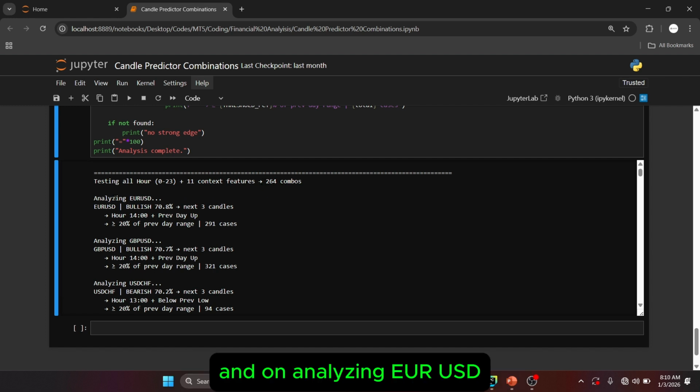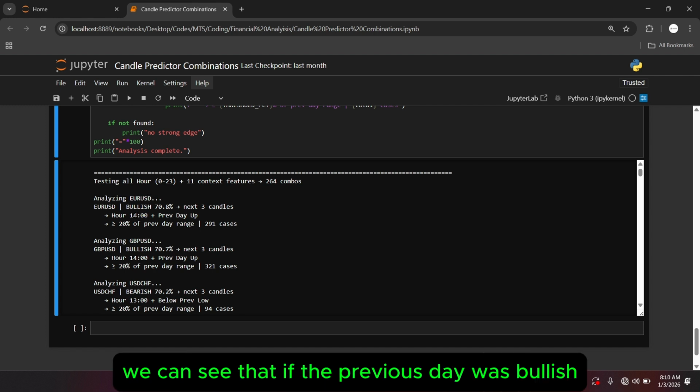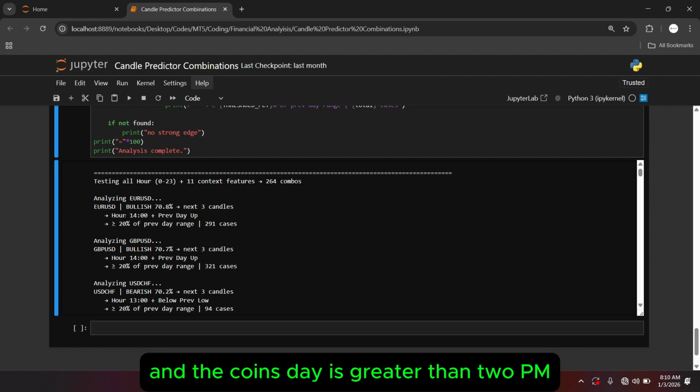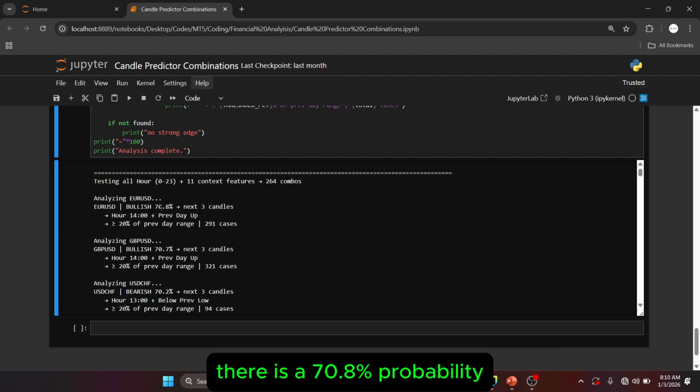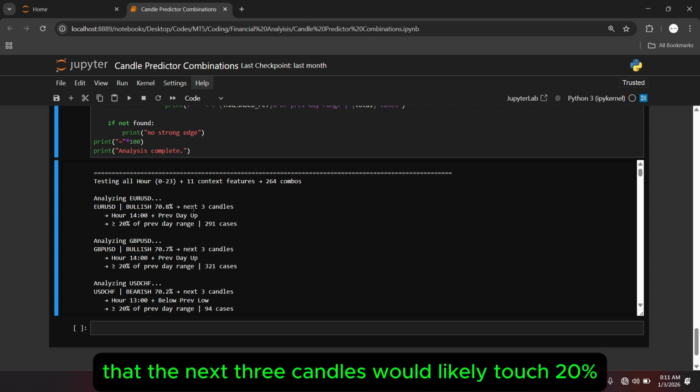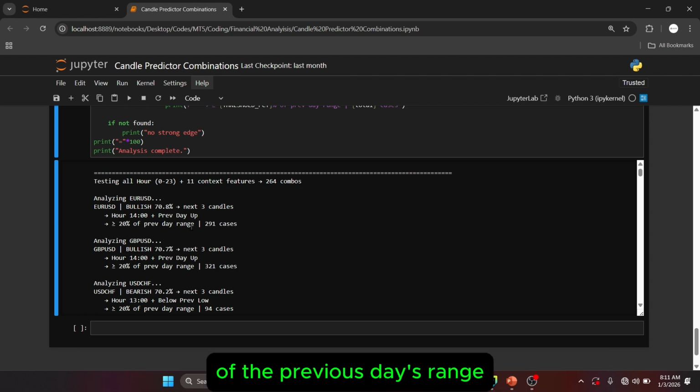And on analyzing EUR/USD, we can see that if the previous day was bullish and the current day is greater than 2 p.m., there is a 70.8% probability that the next three candles would likely touch 20% of the previous day's range.